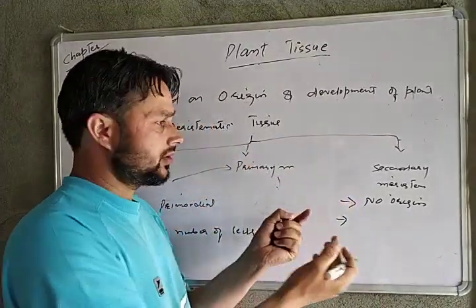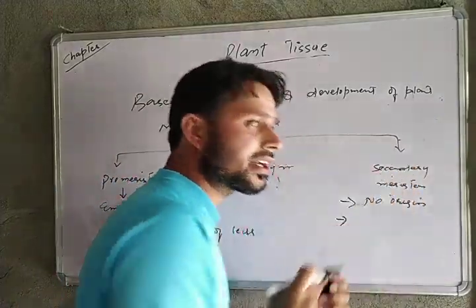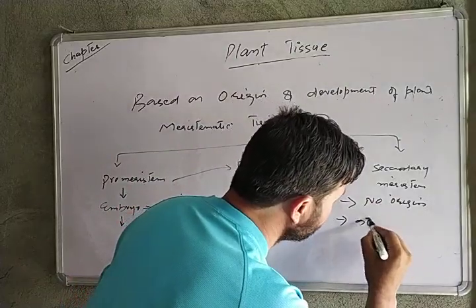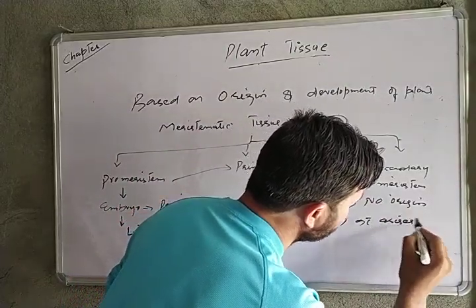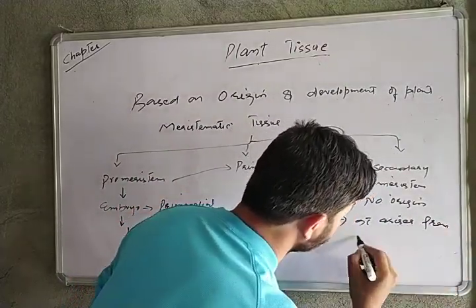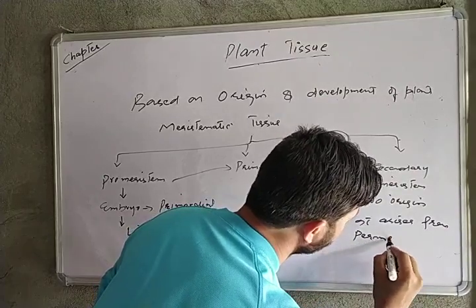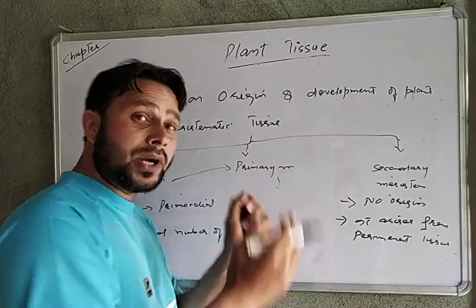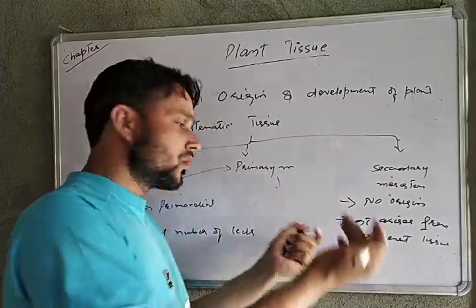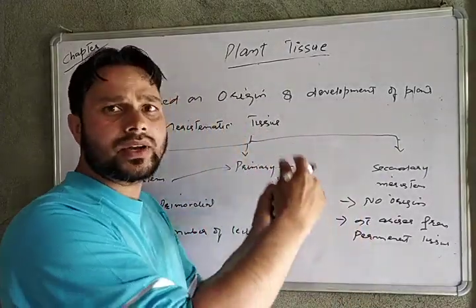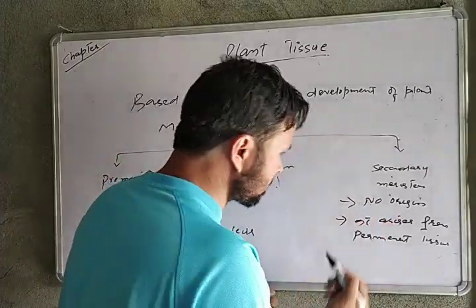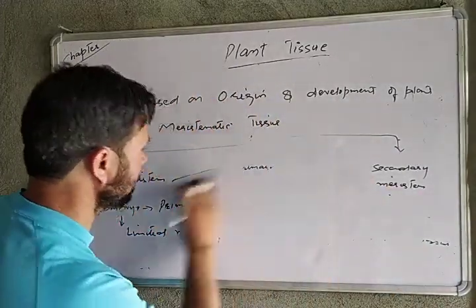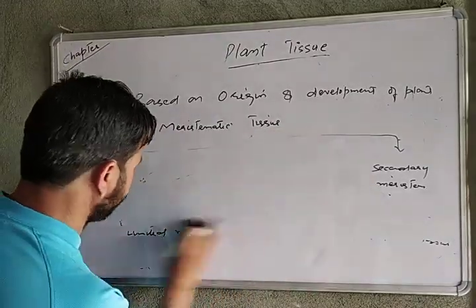If there is need, this secondary meristem arises from permanent tissue, under some conditions, whenever and wherever it is needed. I will give you an example about secondary meristem.